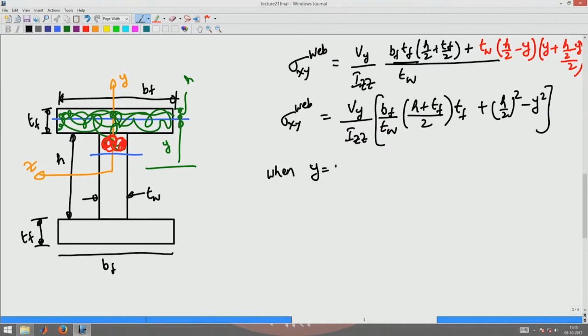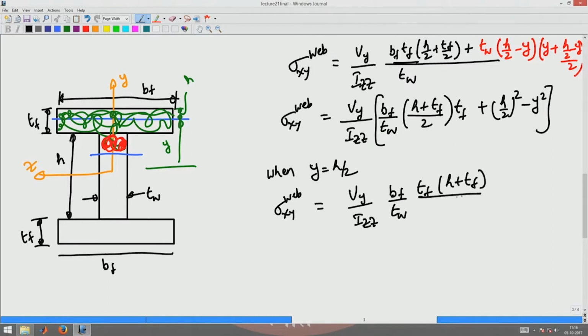When y is equal to h by 2, sigma xy of web would be Vy by Izz into Bf by Tw into Tf into (h plus Tf by 2). You find that this is nothing but Bf by Tw times sigma xy of top flange at the same section point. Okay.